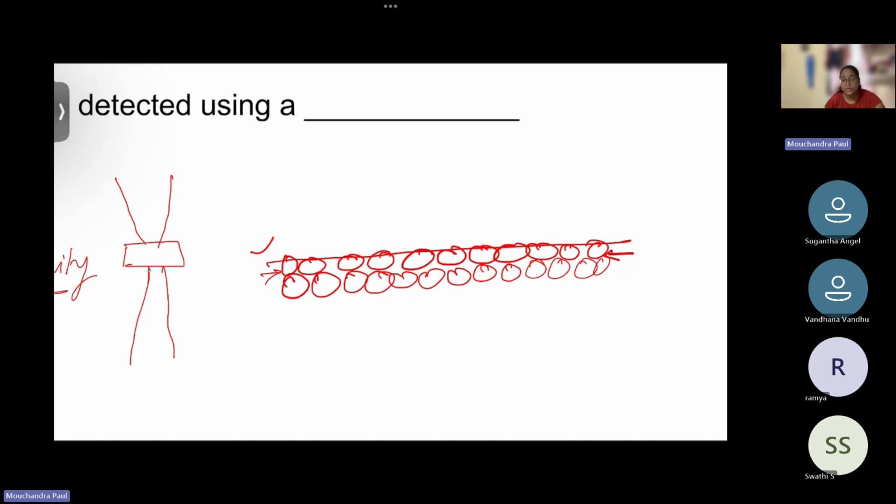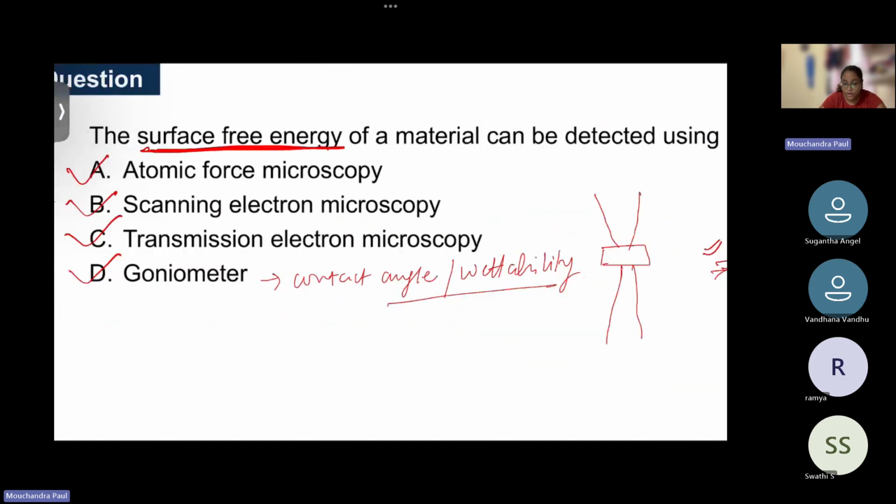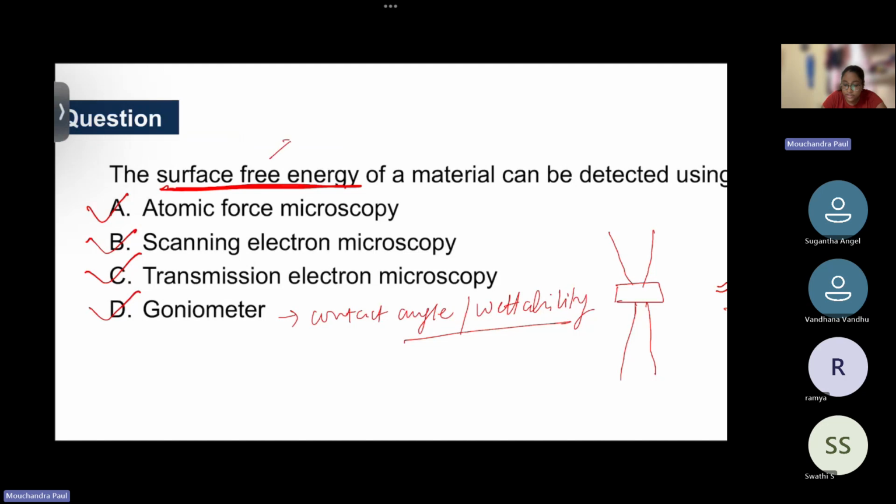And this is a unique property only of a surface. You cannot observe this property inside the bulk. All right. So surface free energy also gives rise to another quantity that is called interfacial tension, a surface tension.